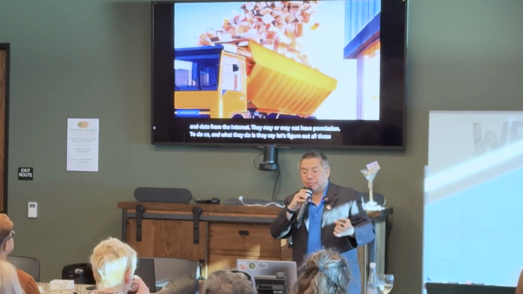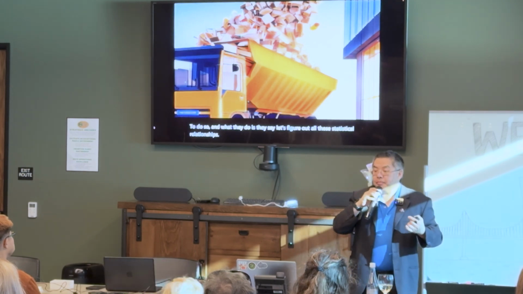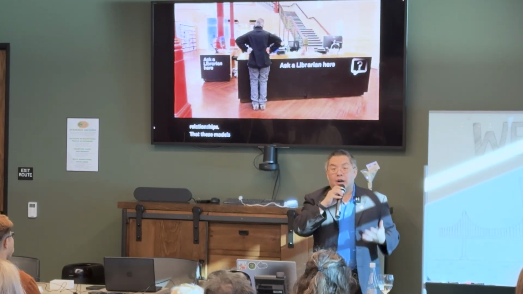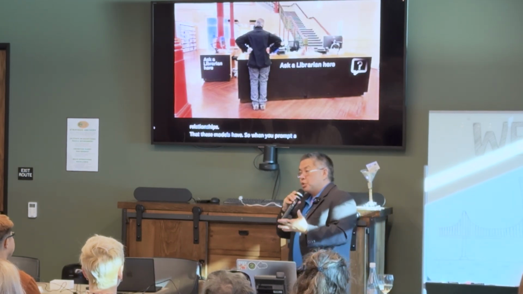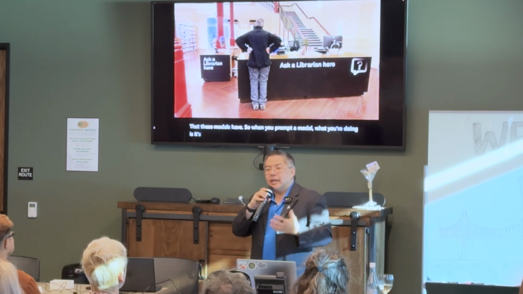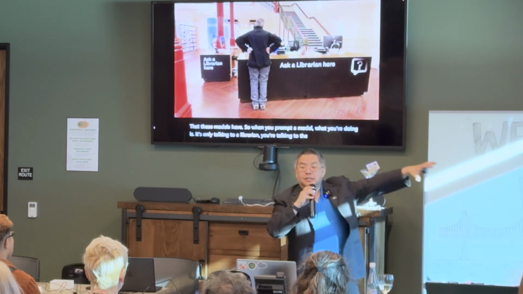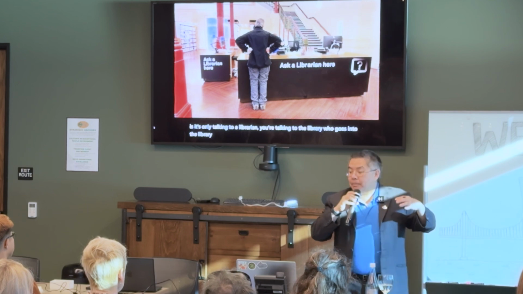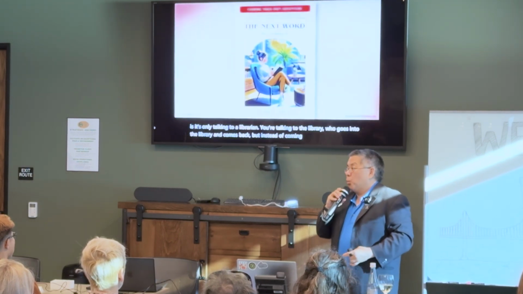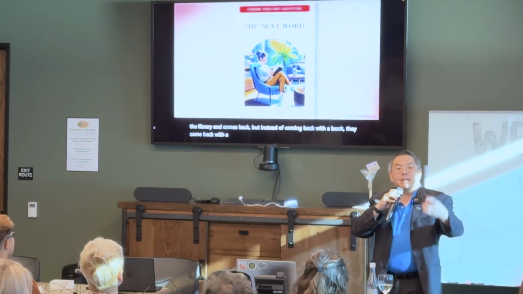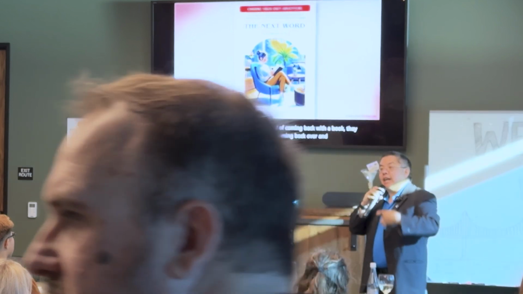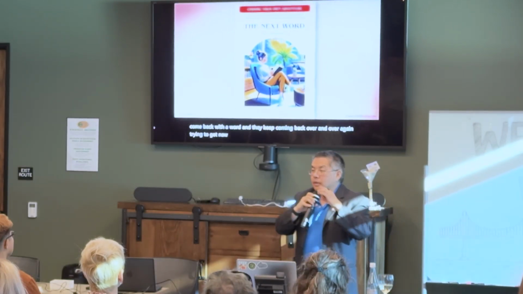And what they do is they say, let's figure out all the statistical relationships that these models have. So when you prompt a model, what you're doing is also like talking to a librarian. You're talking to the librarian who goes into the library and comes back, but instead of coming back with a book, they come back with a word. And they keep coming back over and over again, trying to get new words.